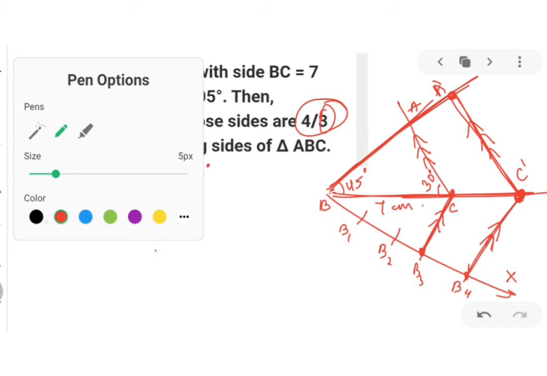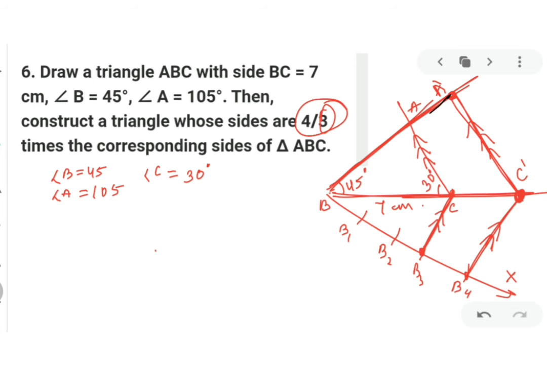So my dear kids, you got your required triangle A dash, B and C dash. And your original was ABC. So A dash B is 4/3, meaning it becomes bigger. If we had done 3/4, it would have been the smaller triangle. 4/3 has come out correctly. Got my point clear?